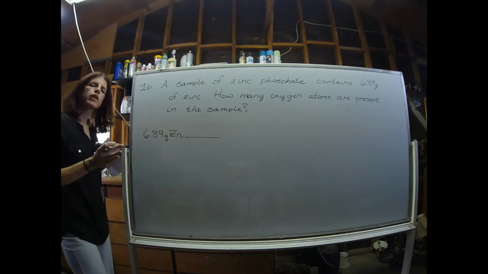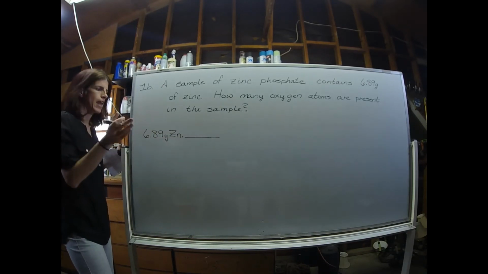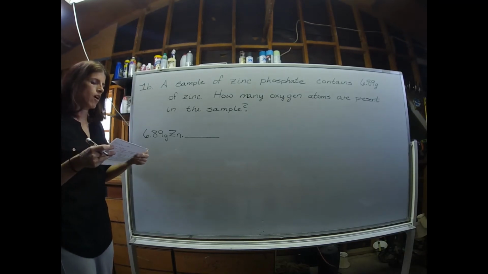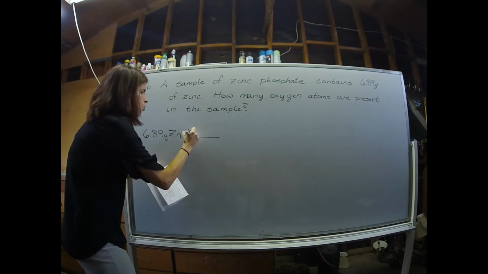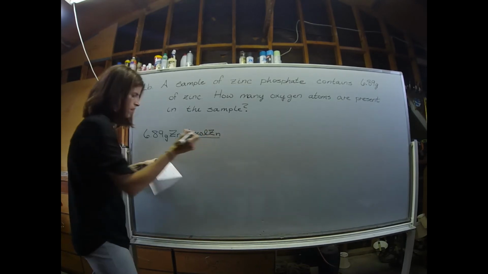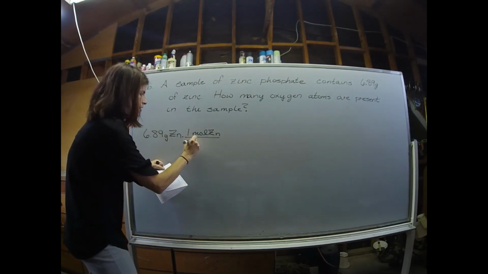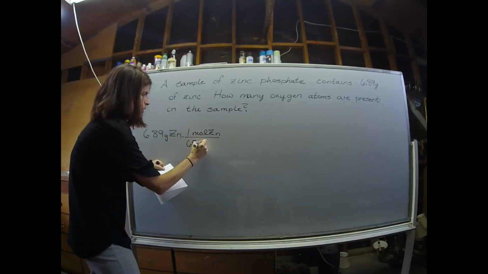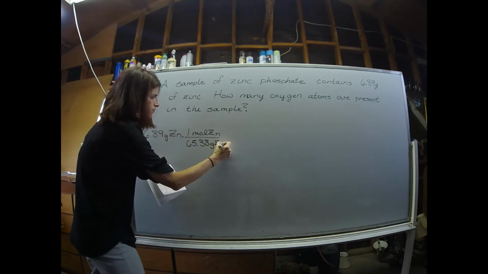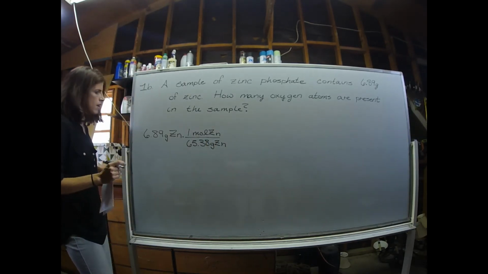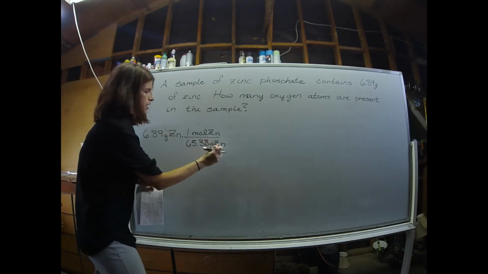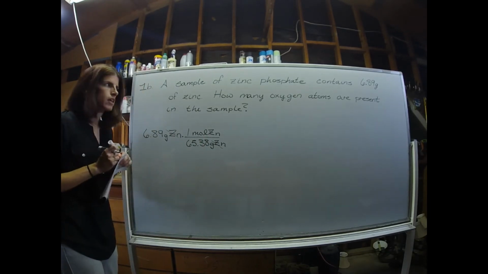So whenever we're in grams, we should be thinking about heading towards moles. So I grabbed the value off of my periodic table. 1 mole of zinc contains 65.38 grams of zinc. And from there we can see that we already got rid of grams of zinc. Now we're in moles of zinc.